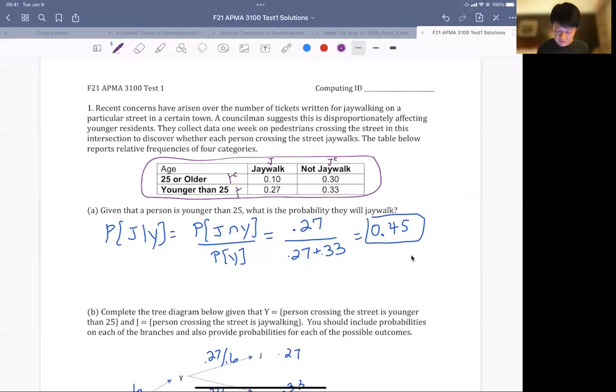So these are 4 events. This table tells you that, for example, this 0.10 is the probability of J intersect Y complement, and this 0.30 is the probability of J complement intersect Y complement, and so on and so forth, all right?